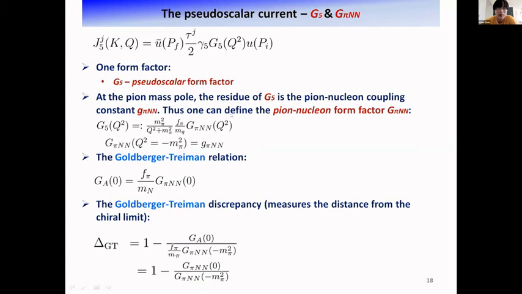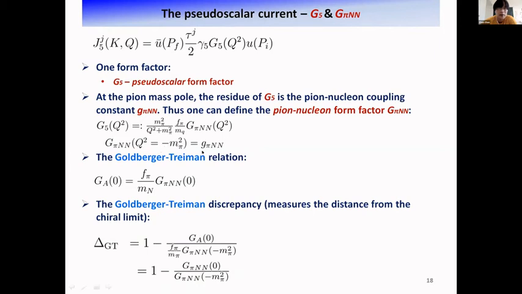First, one can define a pion-nucleon form factor with capital G pi N. In this expression, this is the capital G pi N. At the pion mass pole, here q squared equals minus m pi squared.